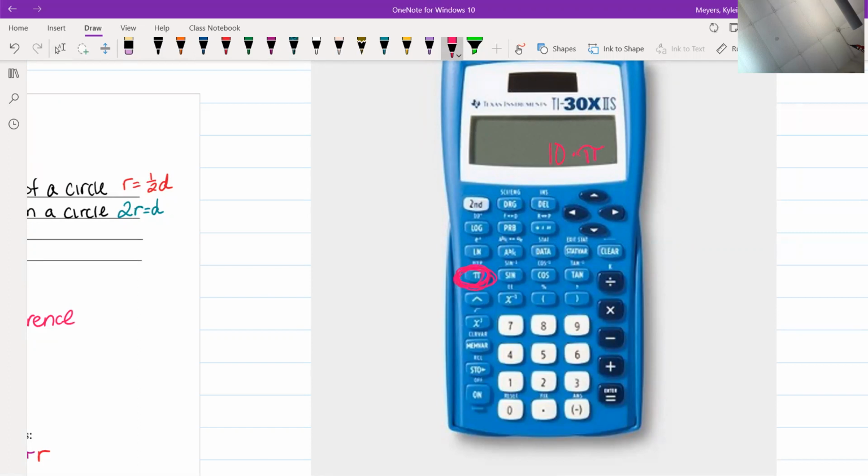If you don't have a calculator on your phone or on the screen, you can turn your phone sideways and there'll be a pi button as well.